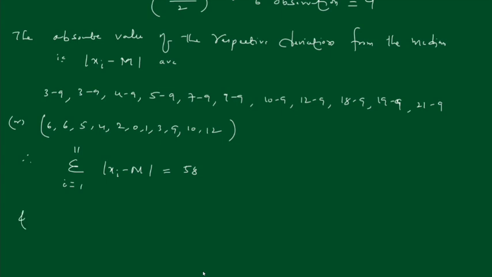So the formula for the final mean deviation is 1 by 11 summation i equals 1 to 11 mod xi minus M, which is equal to 1 by 11 into 58, that is nothing but 5.27. That is the required answer.